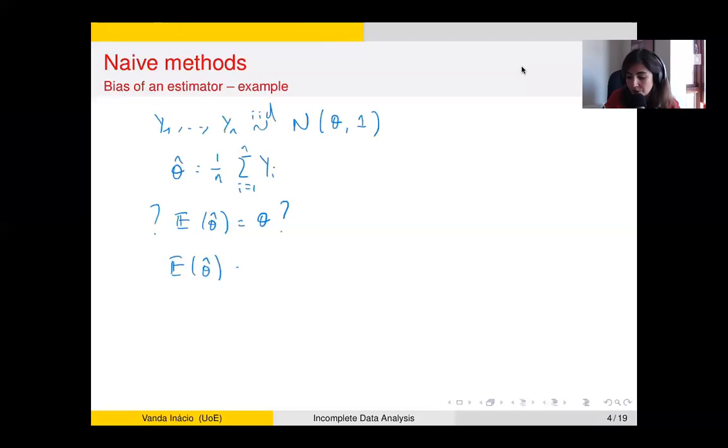So the expectation of theta hat, our theta hat is the sample mean. 1 over n is a constant, so I can put it outside of the expectation.